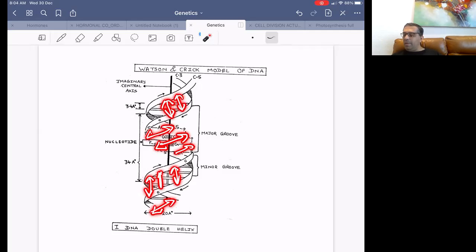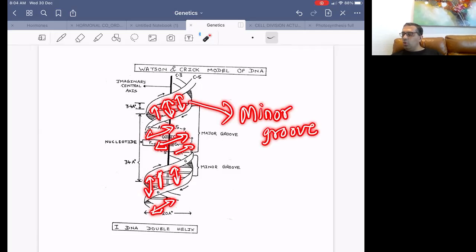तो ये कंटिन्यूसली हमने क्या दिखाया है? माइनर ग्रूव. And minor groove is about 12 angstrom units. 12 angstroms. You've done it in physics.